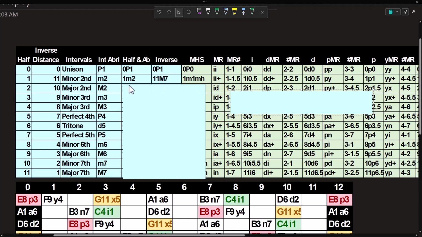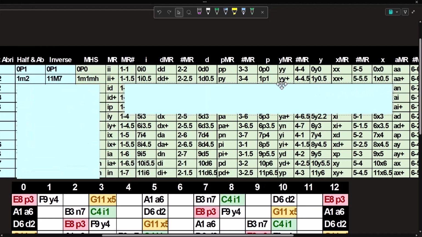We're usually going to be using this interval if I was on the Phrygian over here. So I would call that a PY, going from the Phrygian to the Lydian. You could call that a PY modal range, or a 3-4 modal range.